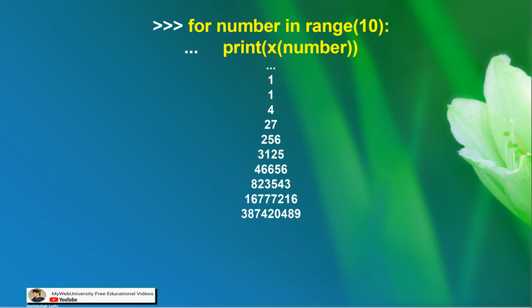Let me just run a for statement. In this case, for number in range of 10, print x of number. You can see that it is basically as if I'm just saying print x to the power of x. x asterisk asterisk x is the same thing as calling x with parameter number, and the number is coming from range of 10.